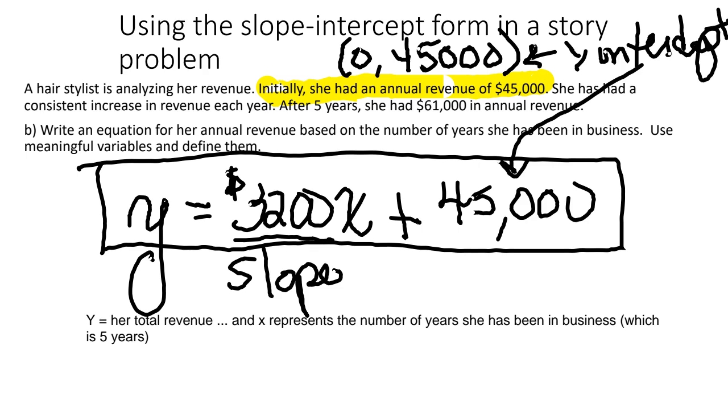So the variable y is her total revenue. The x is the fact that she's earning $3,200, okay, per year, where x is the 5 years she's been in business. Because if we put in 5 for that x, we will get $61,000. Okay.